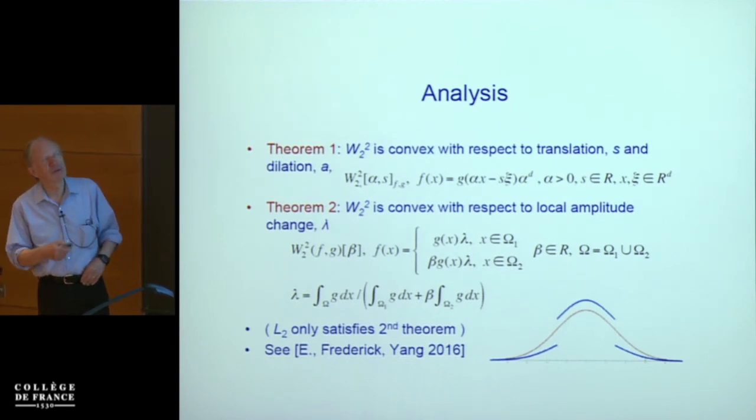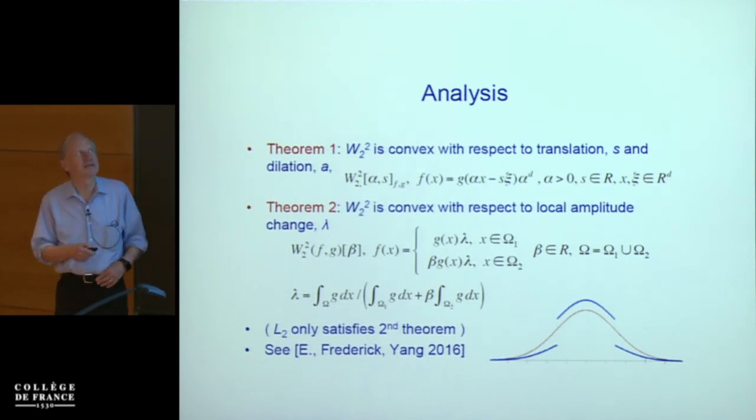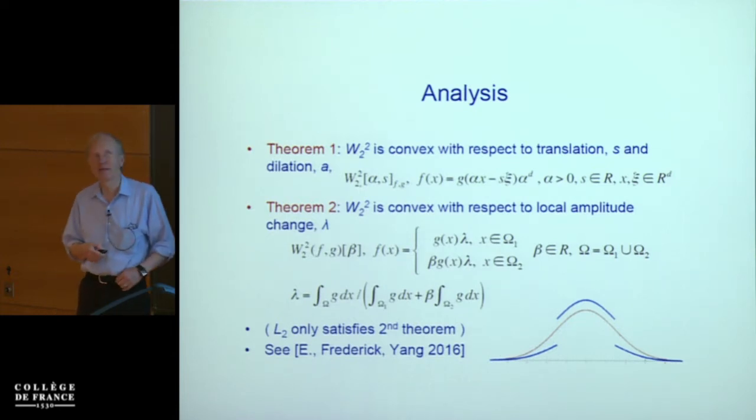So if you stay within this, then the Wasserstein distance is nice, in the sense that if you now do a dilation, you stretch the variable and compare it. So one signal, or probability measure in this case, is just stretched in the independent variable and then shifted in some direction over here.